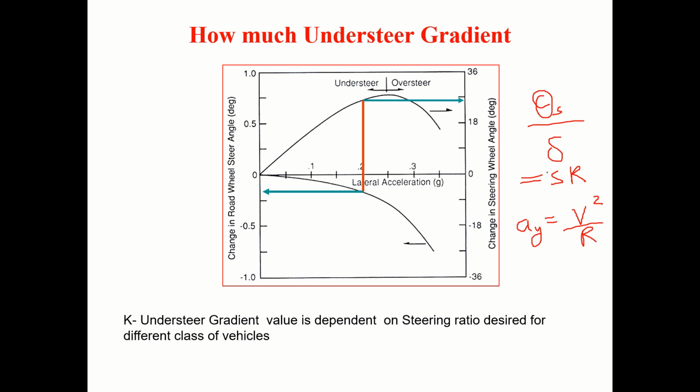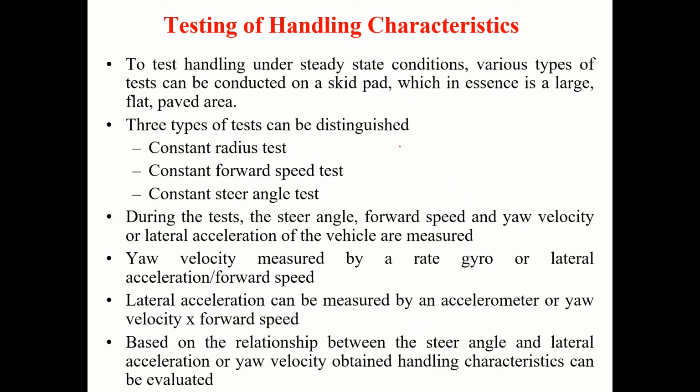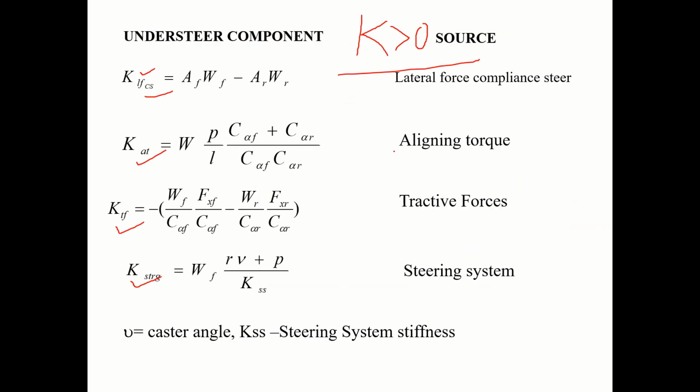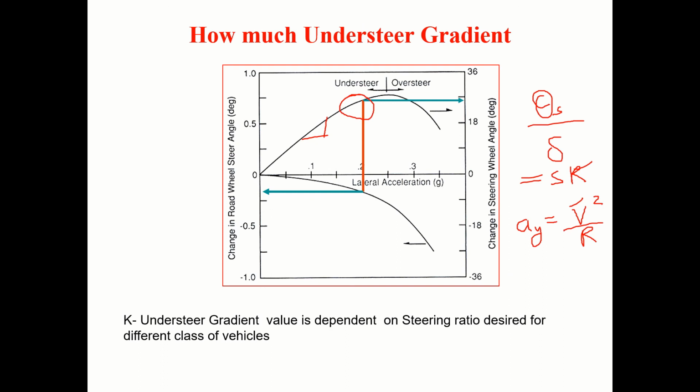So what maximum speed you should manage? What steering ratio? Probably we can get an approximate understeer gradient. This slope you can get. Right. So these are all the things that influence understeer gradient.